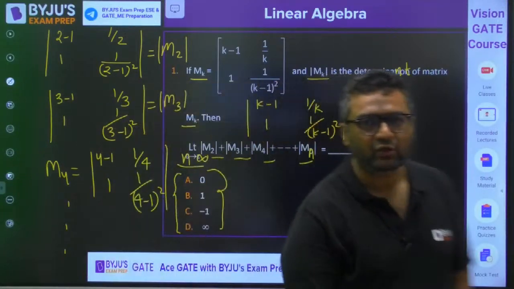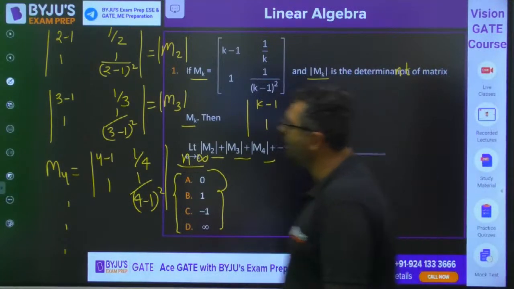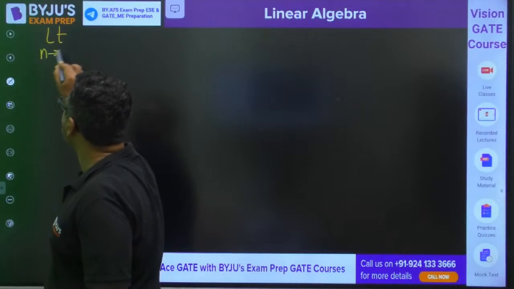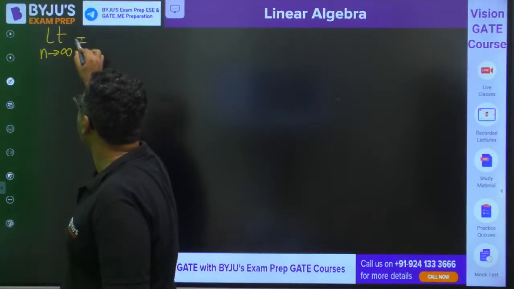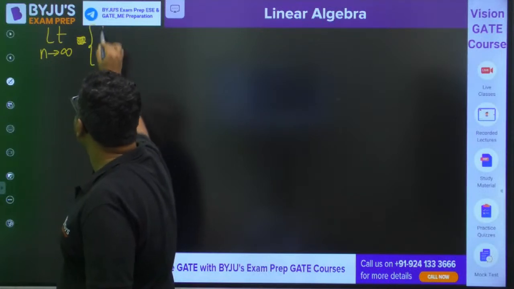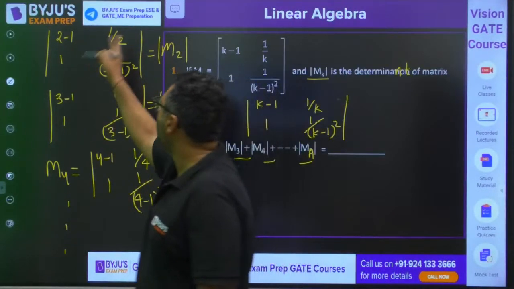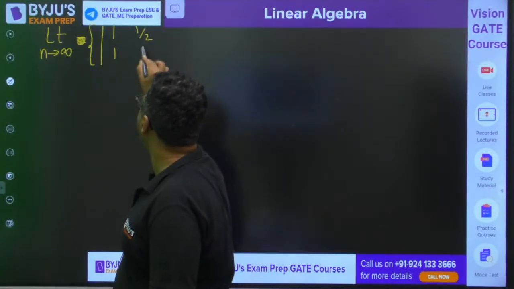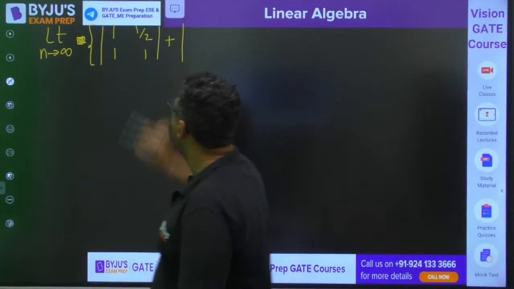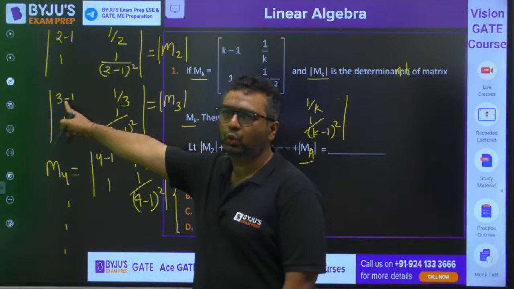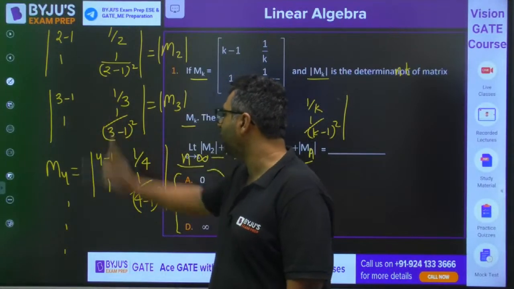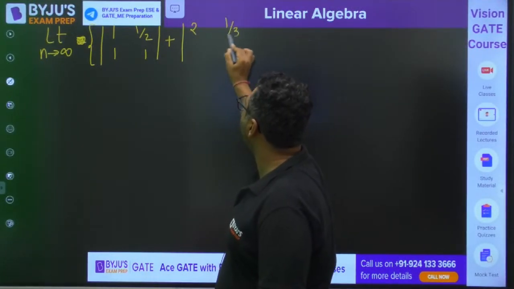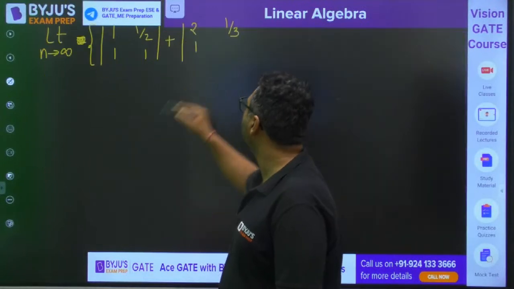When you have this, I am writing this on the next slide. You are going to say limit n tends to infinity equals, sorry. Here we have the matrix 1, 1 by 2, 1, 1, 1 by 2 and 1, plus, what is the second matrix? 2, 1 by 3, 1 and 1 by 4.